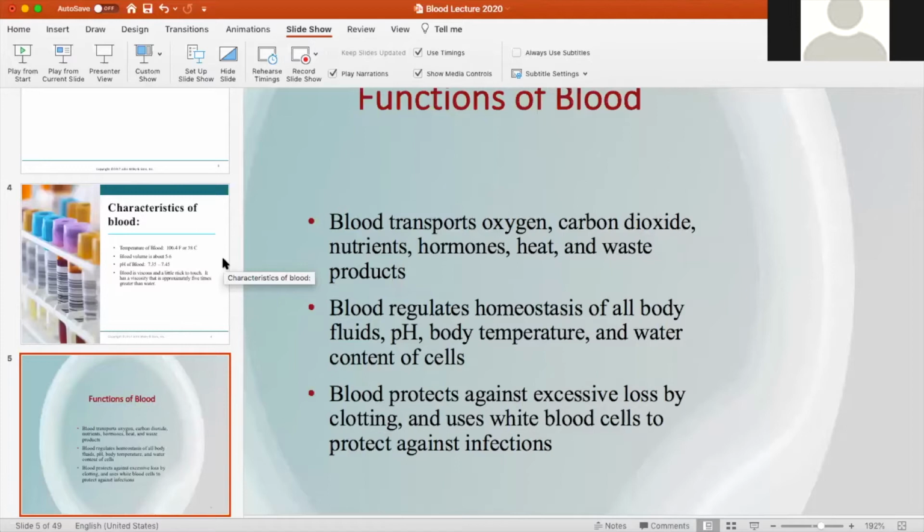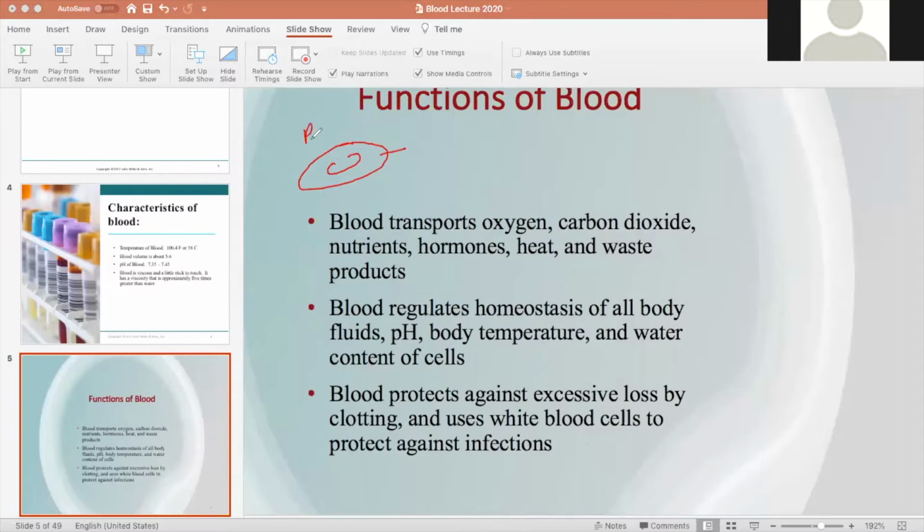Okay, so we know now when we look at this here, we said that blood transports oxygen. And we know that it transports oxygen on those red blood cells.